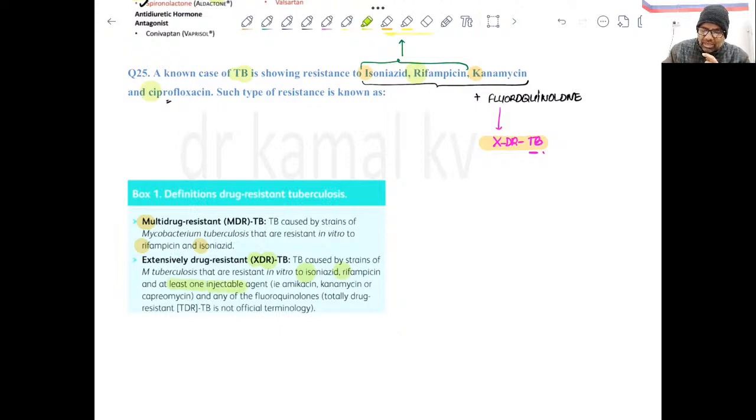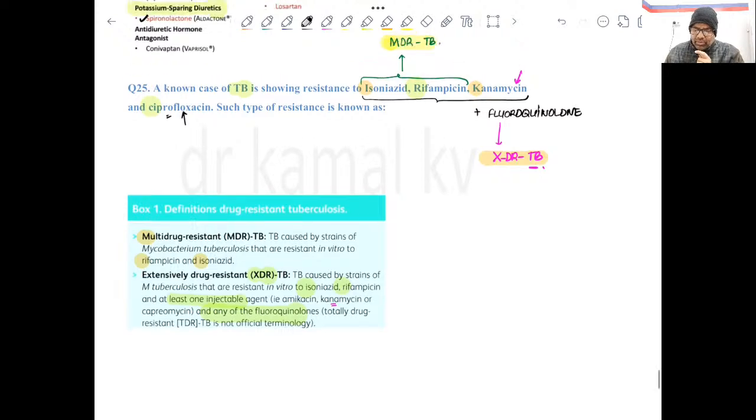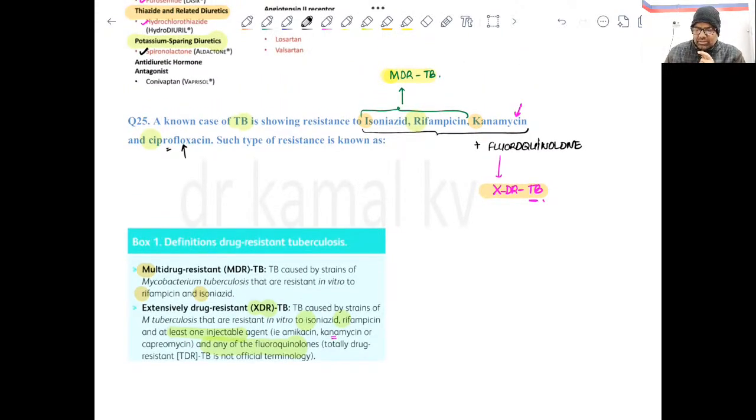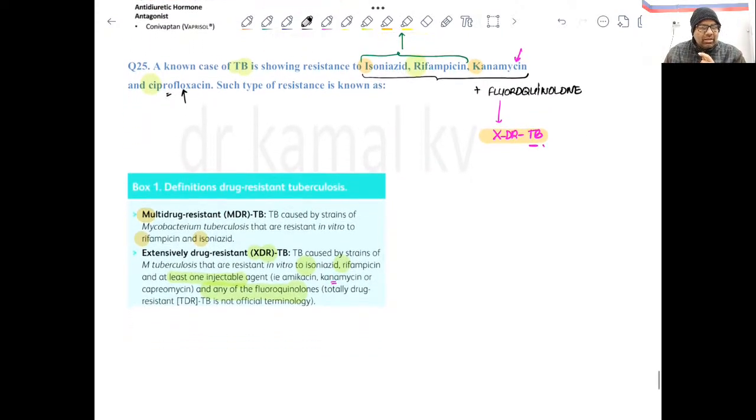Kanamycin is given in this case here, right? So any one fluoroquinolone, ciprofloxacin is given in this case, right? So this is extensively drug resistance tuberculosis, right?